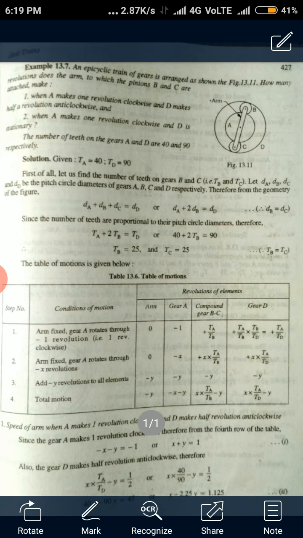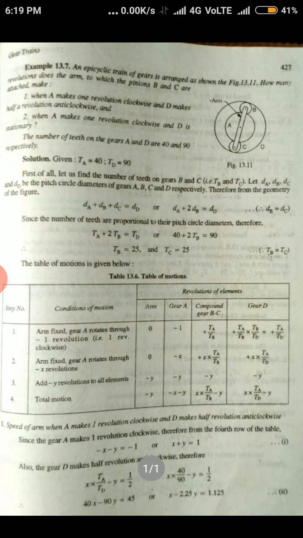TB and TB get cancelled. You get plus TA by TD, plus because it is also rotating anti-clockwise. B and C rotate anti-clockwise, D meshing internally, so the direction will be the same as B and C, that is anti-clockwise, take as positive. Okay, so the first row is now formed, second row and third row are very simple.